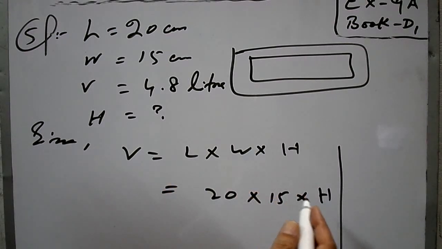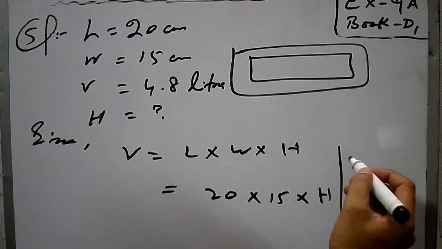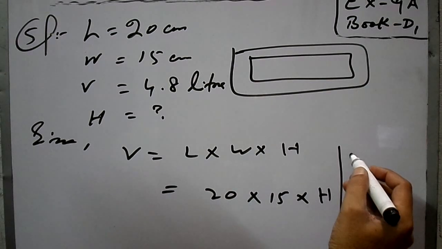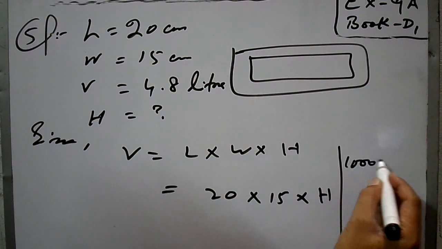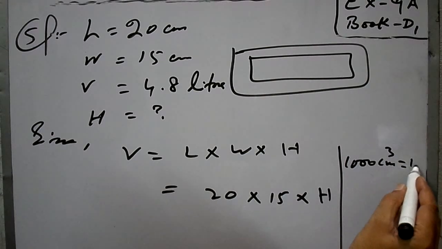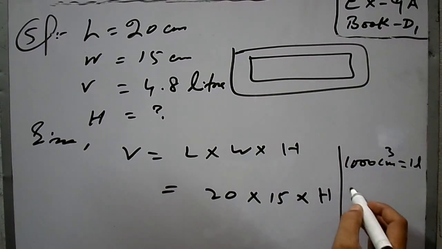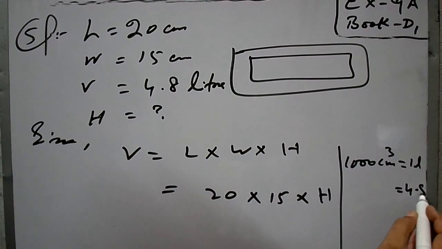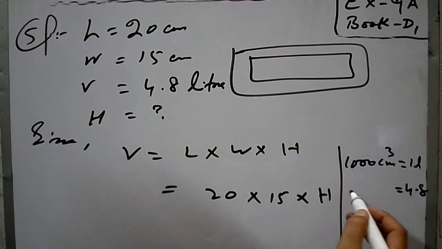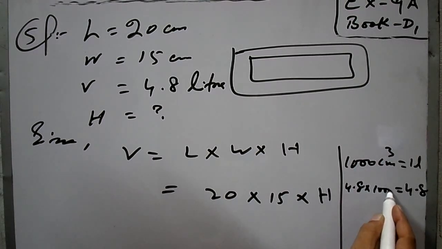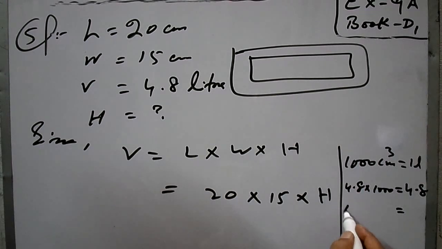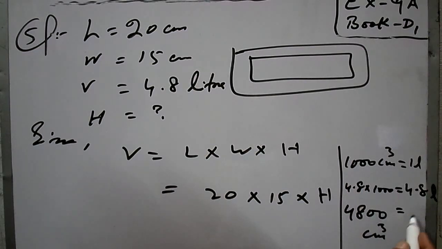So you see here, as we have just said that 1000 centimeter cube is equal to 1 liter. So we need 4.8 liter, so multiply 4.8 with 1000, so you will get 4800 centimeter cube is equal to 4.8 liter.